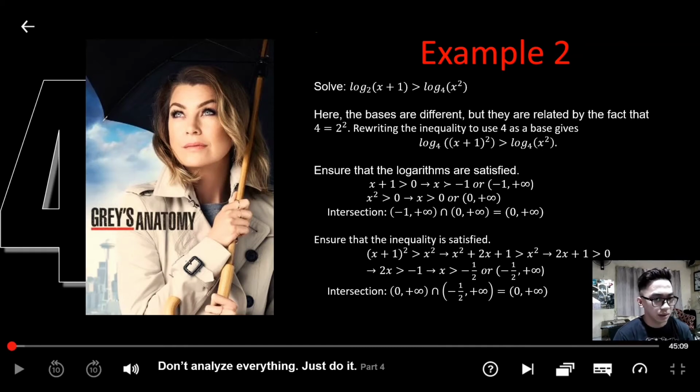Intersection: (0, positive infinity) and (-1/2, positive infinity) equals (0, positive infinity). Therefore, the final solution set is (0, positive infinity), or x > 0.